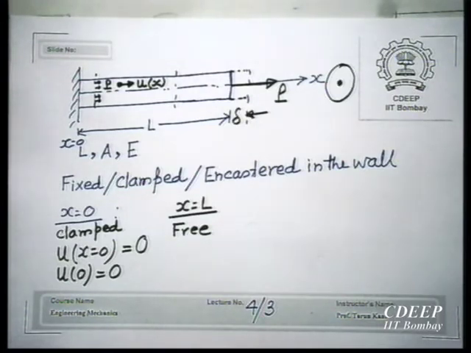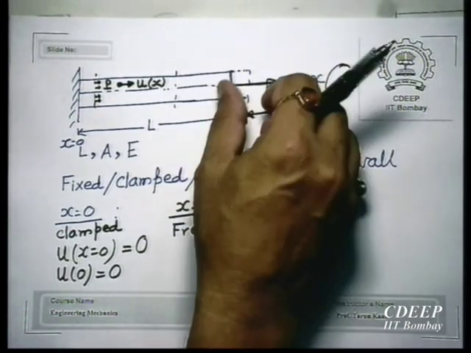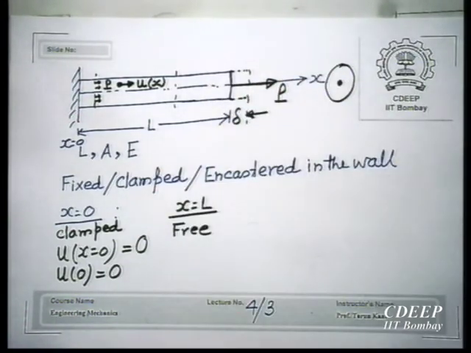So what is the meaning of free? At the free end u is there, because if u is not there, delta cannot take place.